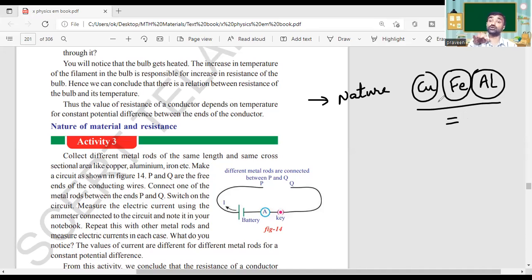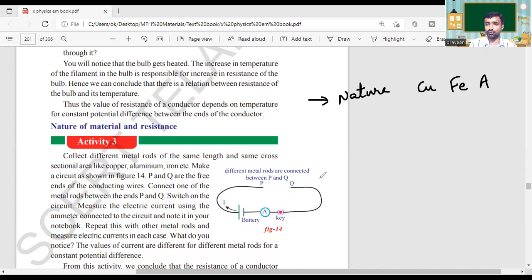So I need to know about these materials' obstructing behavior, how they allow the electrons to move through them. That I'm trying to understand here. For this, I'm making a circuit.